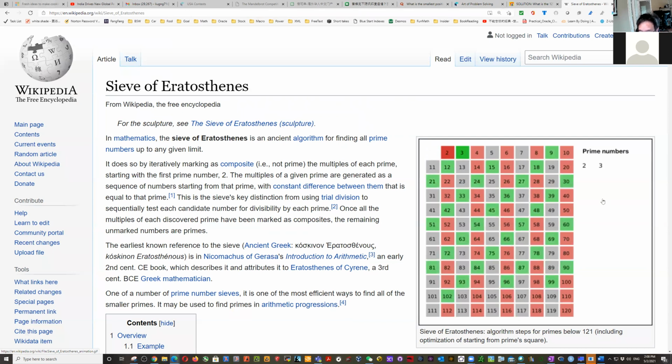For example, you have a matrix and label all the multiples: 2 multiples, 3 multiples, 5 multiples, 7 multiples, 11 multiples, 13 multiples.